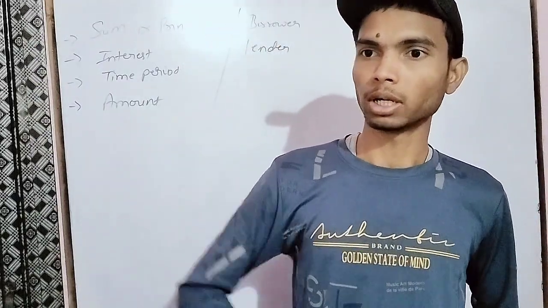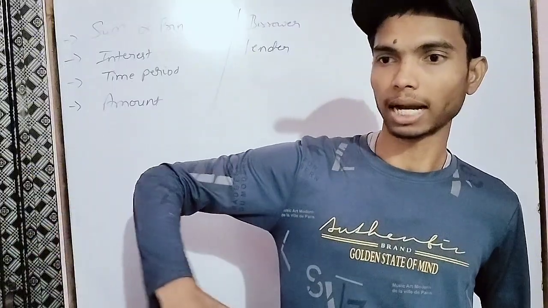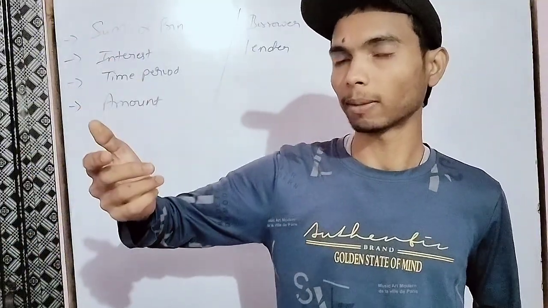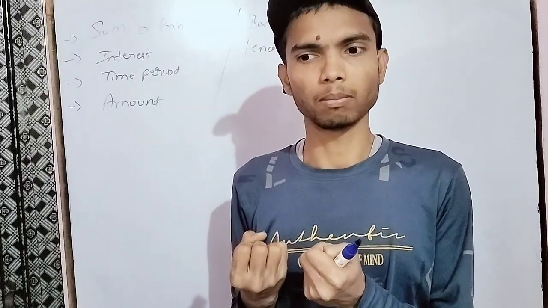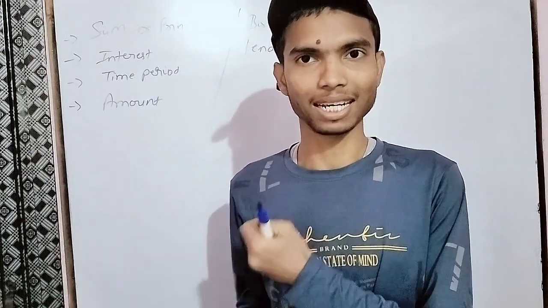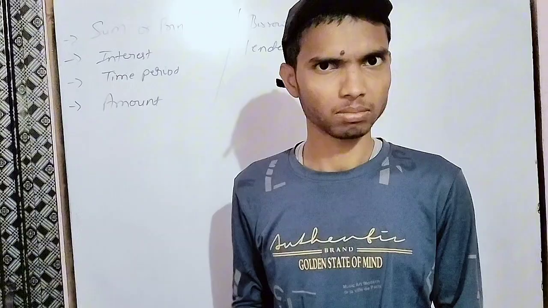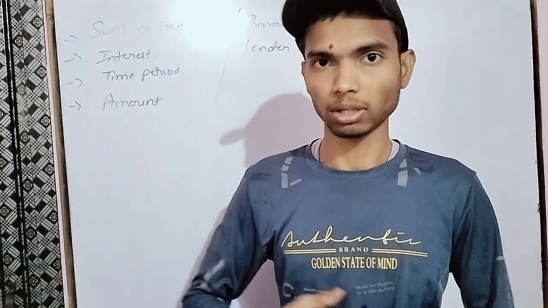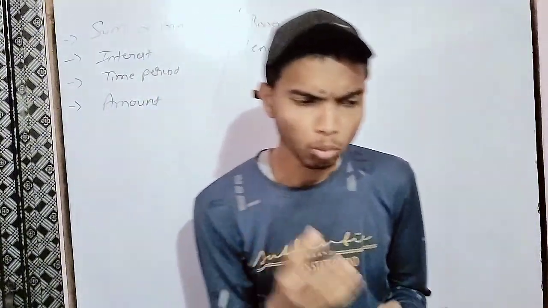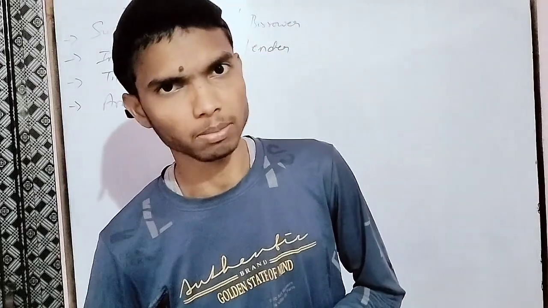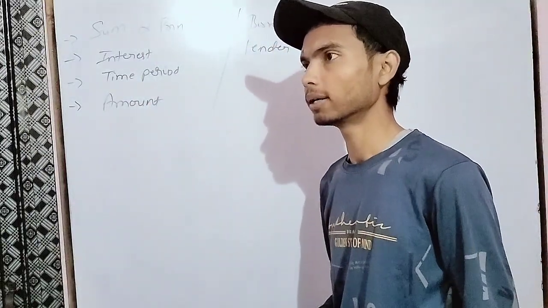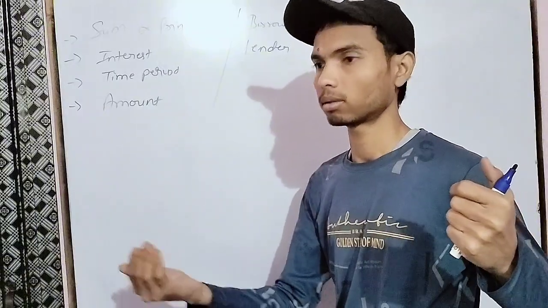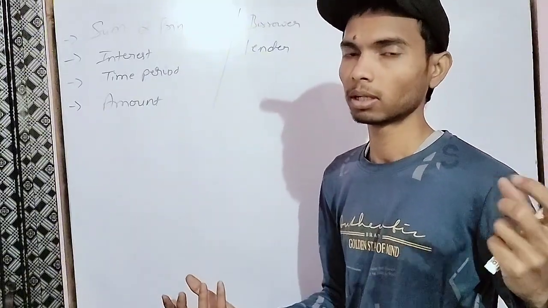We are taking money from someone, and in return we are not giving anything at that time. Borrowed money is often taken in an emergency. So borrowed money is a principal, a sum. We are taking money and we will return the borrowed money.